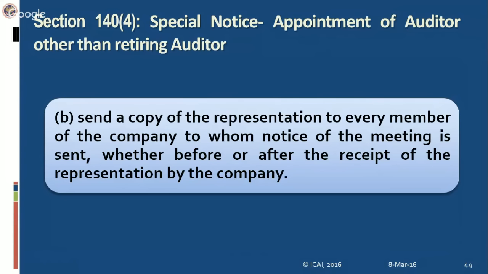And now B, send a copy of the representation which has been received by the company to every member to whom notice of the meeting is being sent, whether before or after the receipt of the representation by the company.